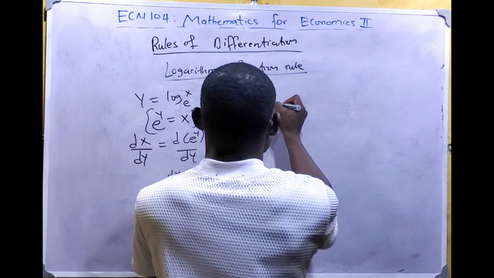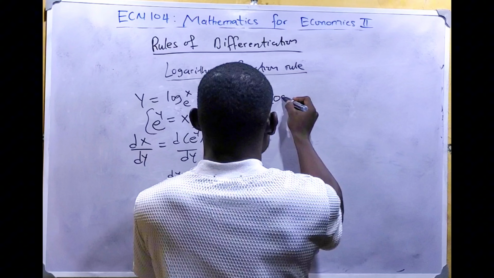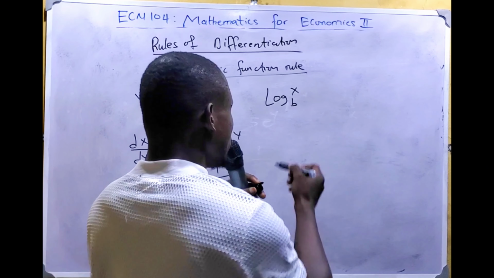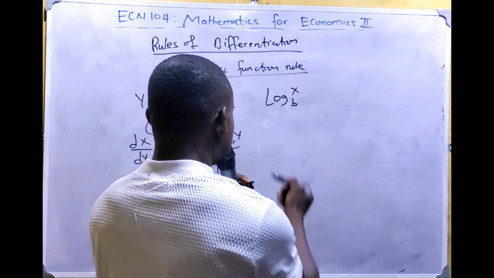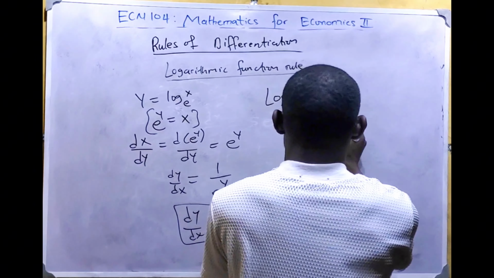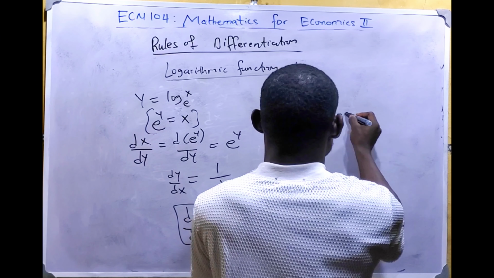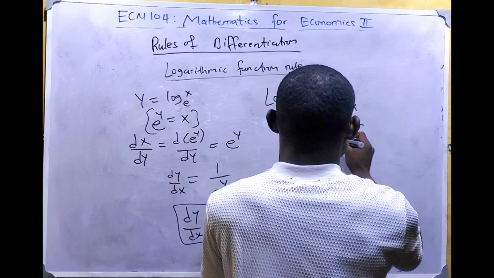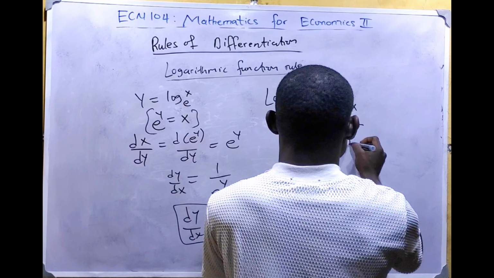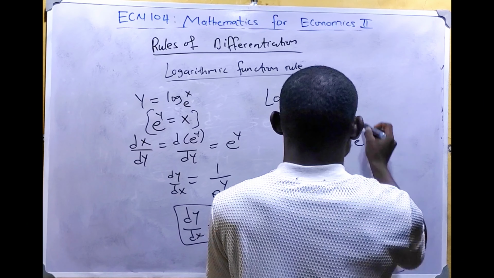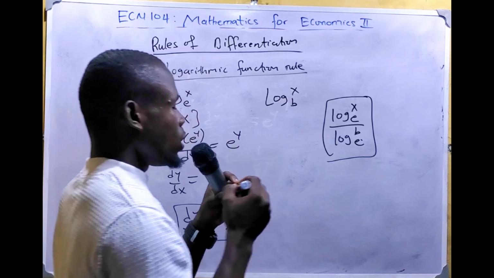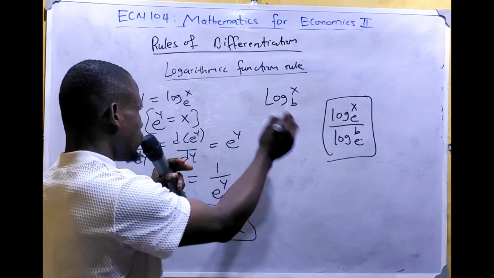Suppose you are given log x base b and you want to change it to natural log. You can simply do this by finding log x base e all over log b base e. So you successfully change this to natural log using this formula.